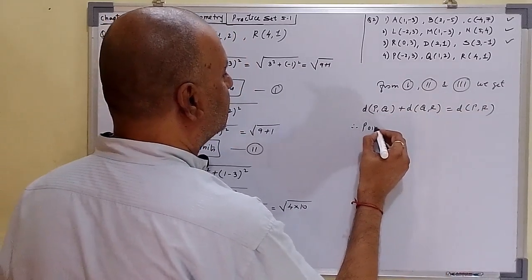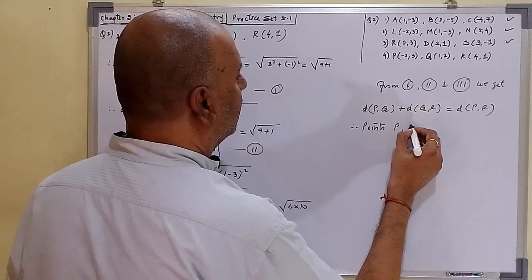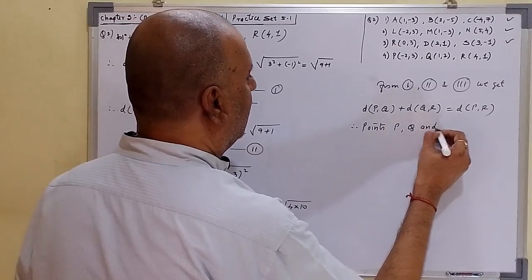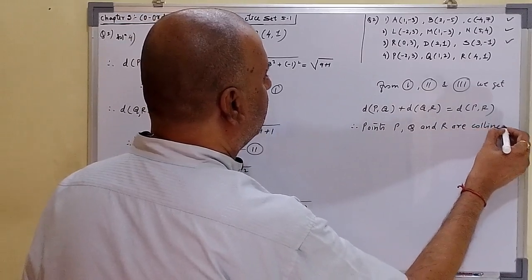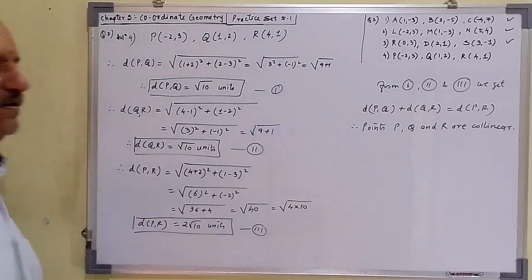Therefore points P, Q and R are collinear. हो गया.